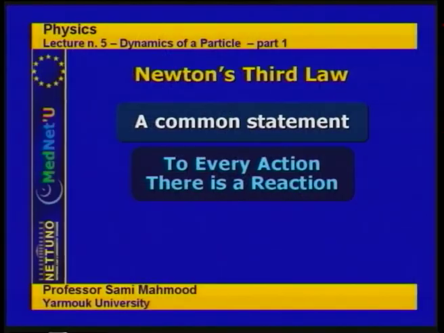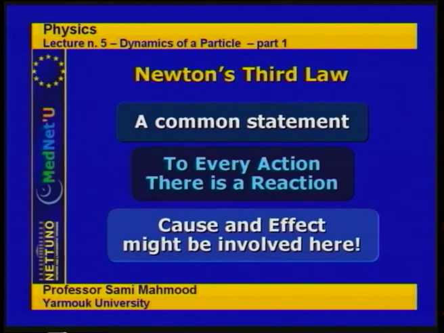A common statement that we hear people talking about is, to every action there is a reaction. This is a common social statement. This statement could involve the fact that cause and effect are involved, meaning that there is an effect that entailed the reaction.